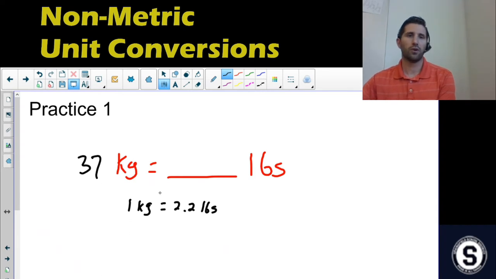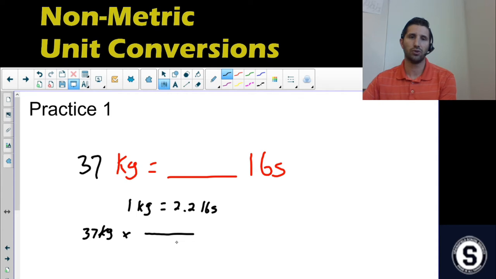Okay, so what I'm going to do is write down 37 kilograms, and I'm going to multiply that by some fractions. Now, I always write the line, and then I'm going to write the units first. I think it's super important that we do units first. Don't worry about the numbers just yet.